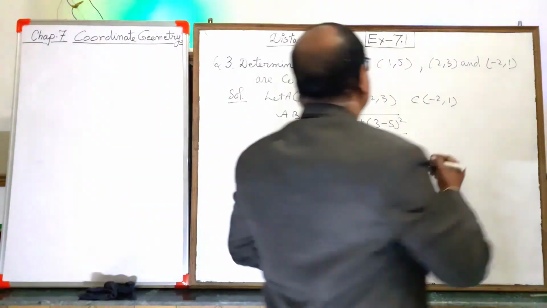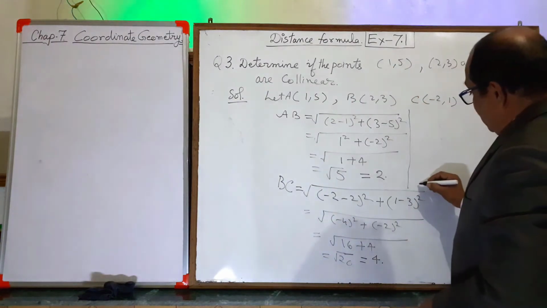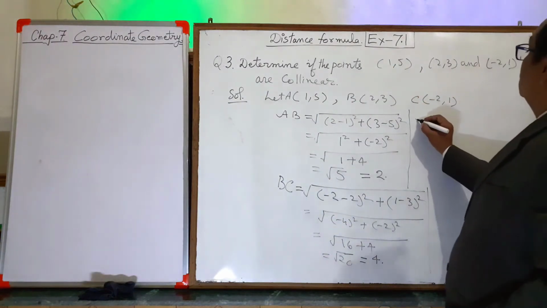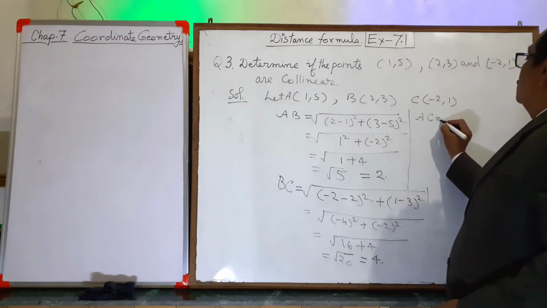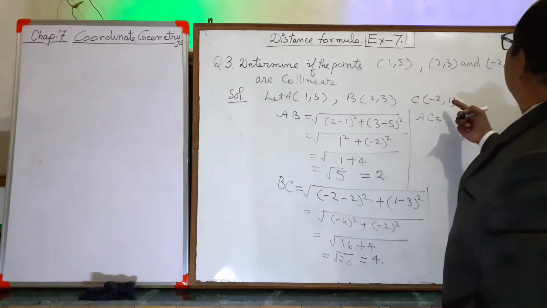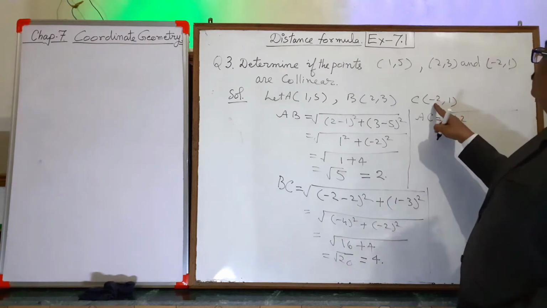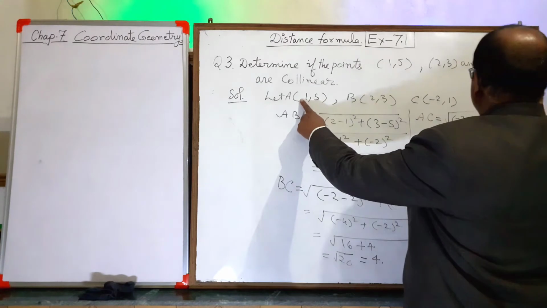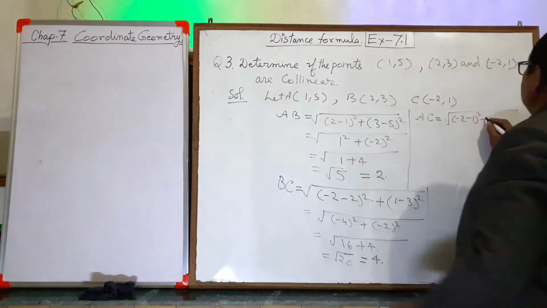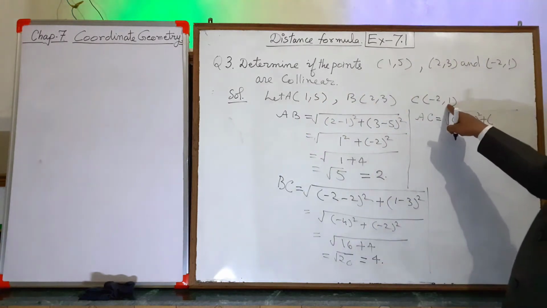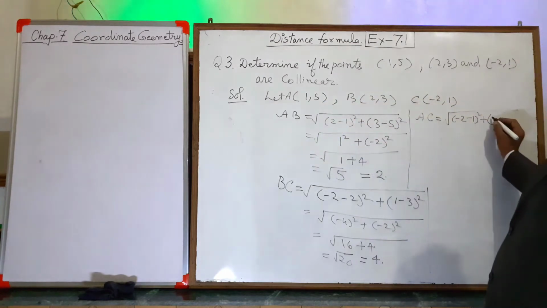Now one more value you can calculate, that is AC. This is point A, this is C. Under root (-2 - 1)² + (1 - 5)².